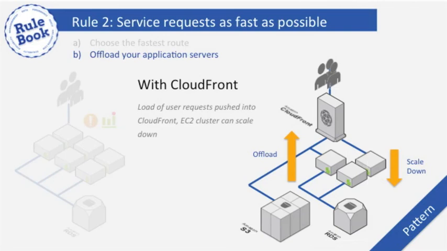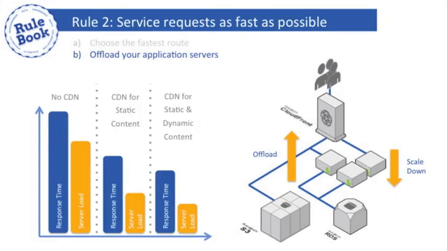So here, RDS, and I've got my app servers on top. I've reduced from 6 to 3, and I've introduced S3 and CloudFront into the mix. So all in all, I can generally improve the performance of my response time, and I can offload server load and therefore reduce some costs. So a comparative chart: with no CDN, I would have a response time that's high and a server load that's high. I can then use CDN for my static content only and get a series of gains.